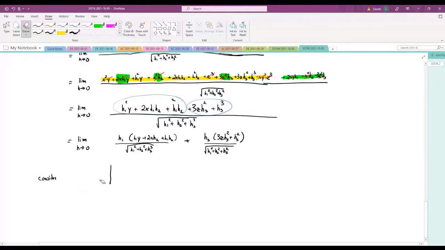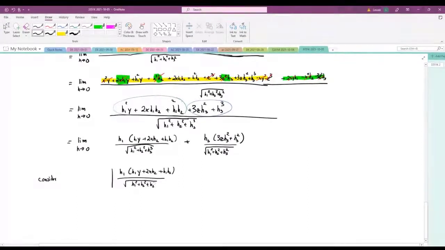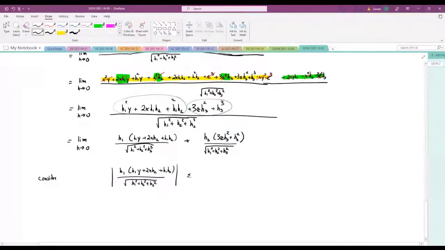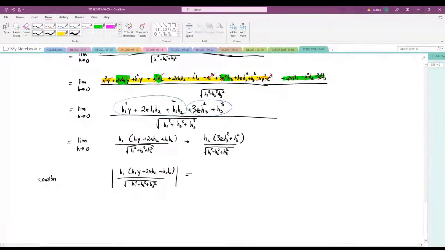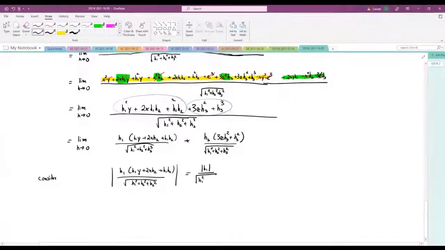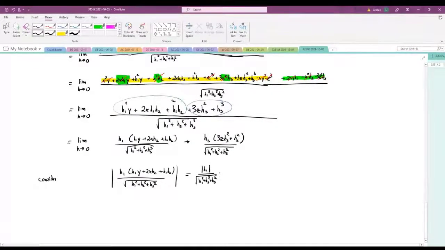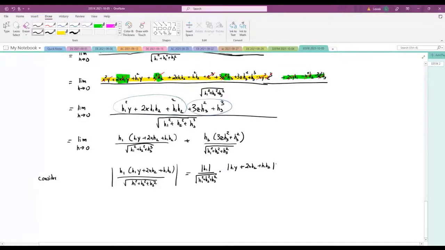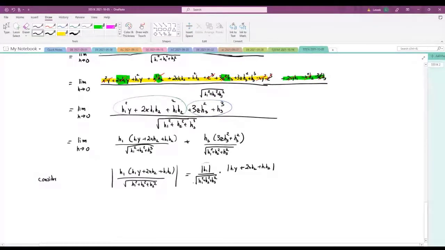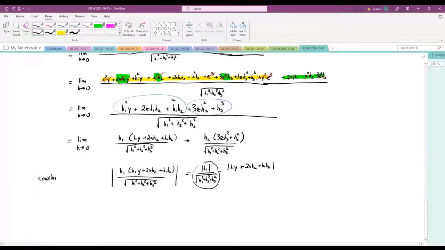So let's just do this. Take the absolute value of the first term. Now we know this is equivalent to the magnitude of h1 divided by the magnitude of h, times the rest. Now, you've probably seen this already in this class, but you see that this factor should be less than or equal to 1, right?